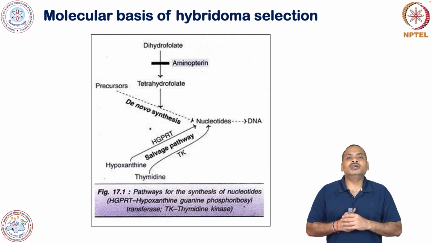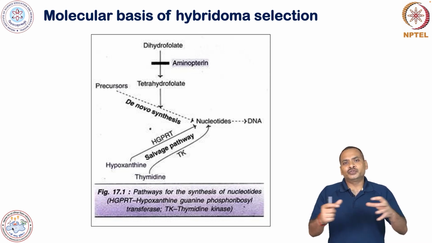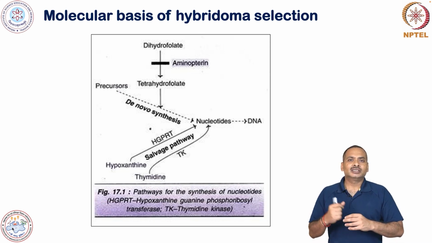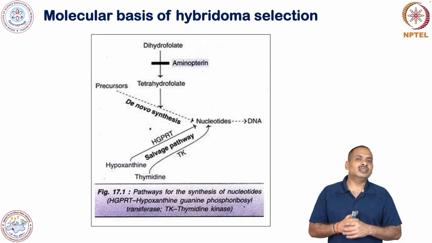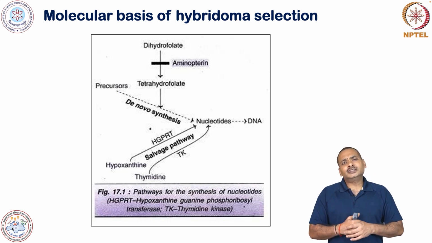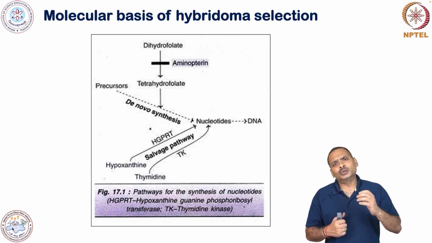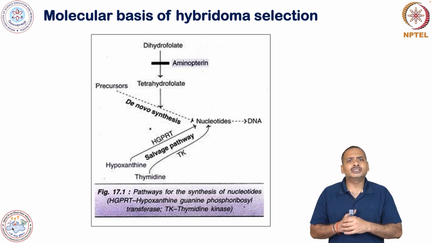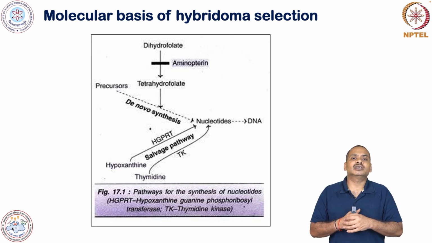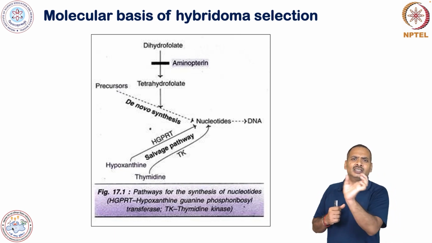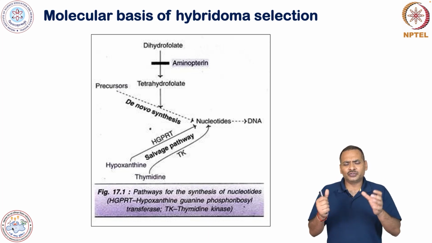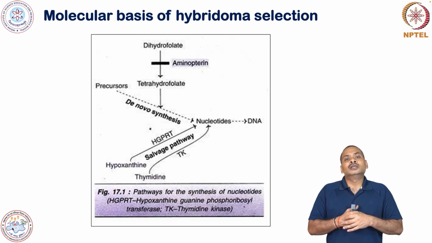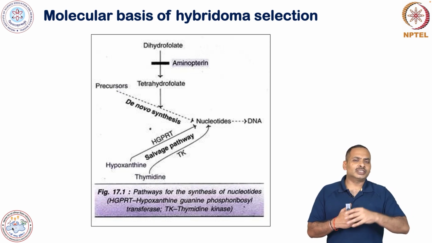So when you fuse and put it on HAT media, aminopterin will kill the de novo pathway, and since hypoxanthine guanine phosphoribosyl transferase is also present in the fused cell, only those cells will survive which are fused with a spleen cell. The fused cell means a spleen cell and myeloma cell which are fused, they will survive. Okay. So there will be a 3 or 4 situation.